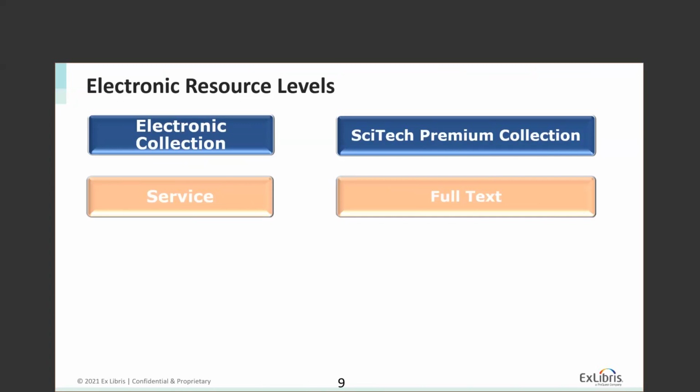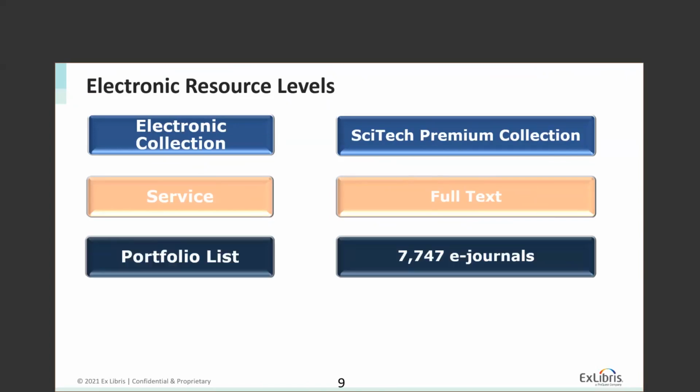In this case, the SciTech Premium Collection has a full text service because all the materials, all the resources in that electronic collection are available in full text as published by that particular vendor. Within that collection is a list of the portfolios, all the titles that are within that collection.